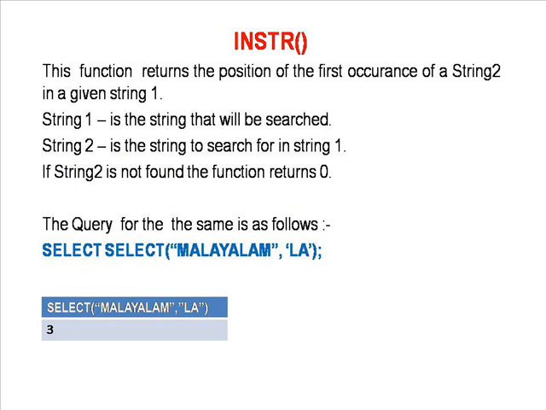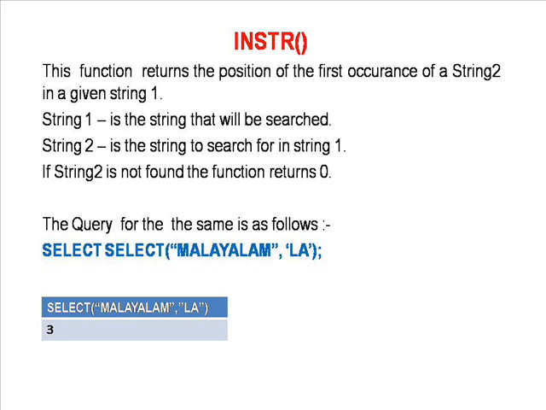InStr. This function returns the position of the first occurrence of a string 2 in a given string 1. From this statement, it is clear that this function takes 2 arguments. The first argument is string 1 and the second argument is string 2.